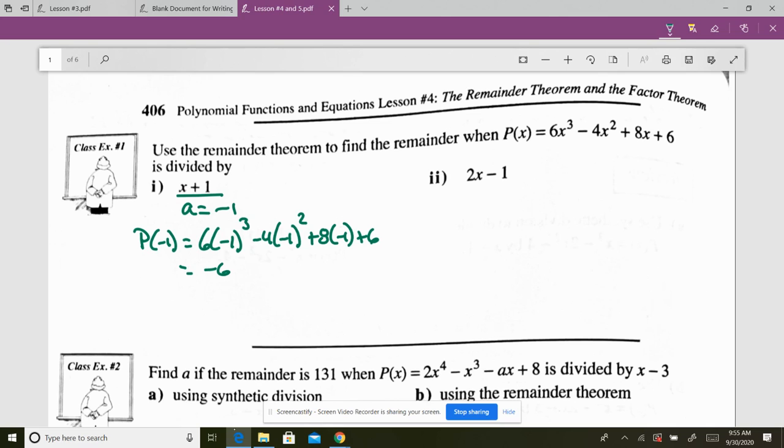I'm going to get negative 6 minus 4 minus 8 plus 6. Negative 6 cancel. Negative 12. That is your remainder. If you did synthetic division or long division on that polynomial, your remainder would be negative 12. Okay.